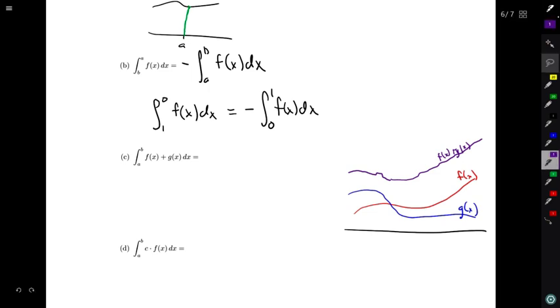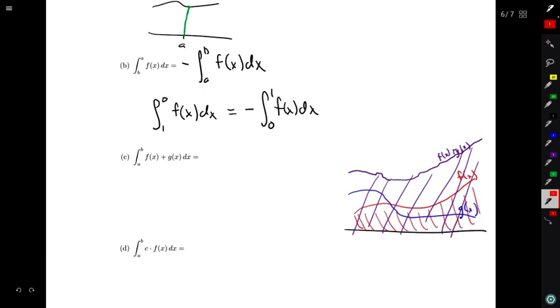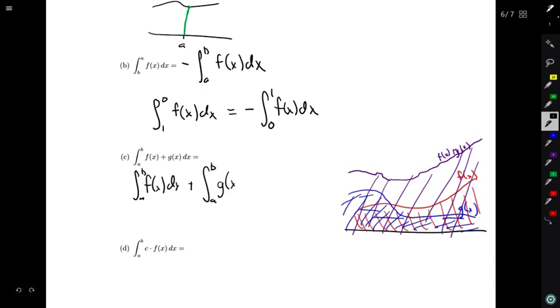So if I were to shade this purple region here, in order to get that area, I could just take this red area here and add it to the blue area here. The way we write that out in mathematical symbols is that the integral of f of x plus g of x is going to be the integral of f of x plus the integral of g of x.